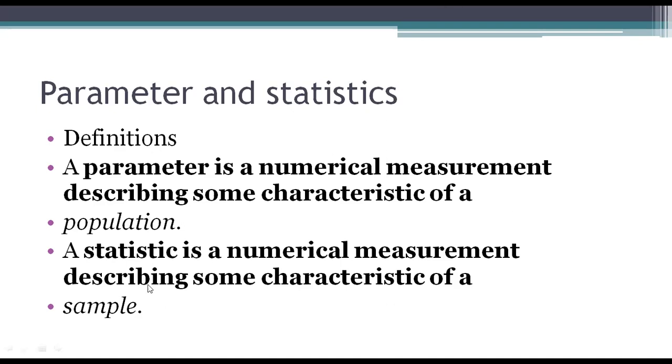So you clearly understand: statistic is for sample and parameter for population. So P and P is a keyword: P for population and P for parameter. And here the same, S for sample and S for statistic. So SS and PP, we can learn or remember these two definitions.